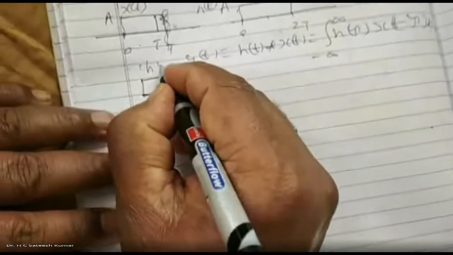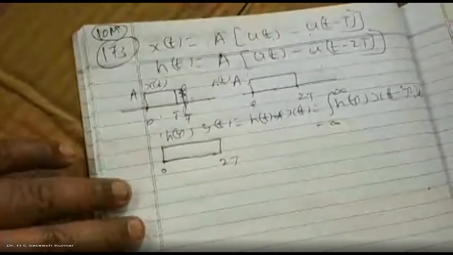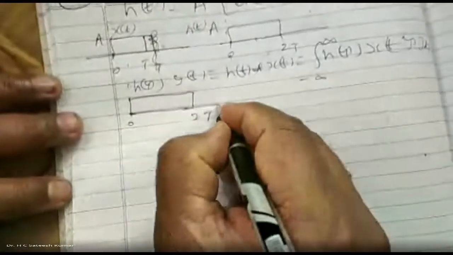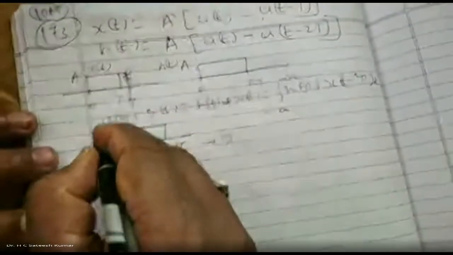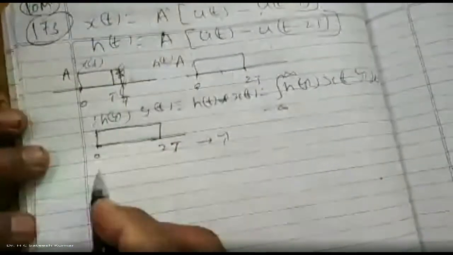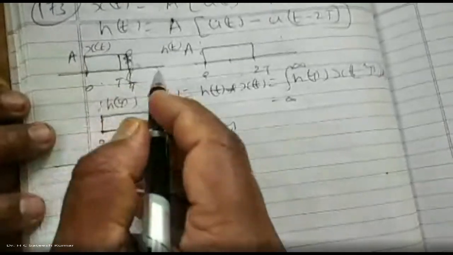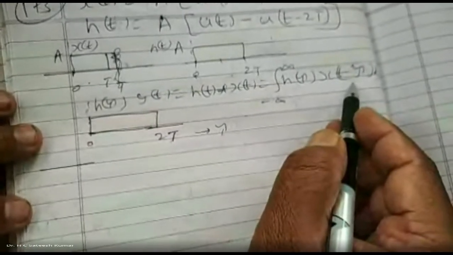H of tau. X of minus tau is from where to where? So now you are on the tau axis. On the tau axis is h of tau, from 0 to 2T. So now x of minus tau, what should I do?